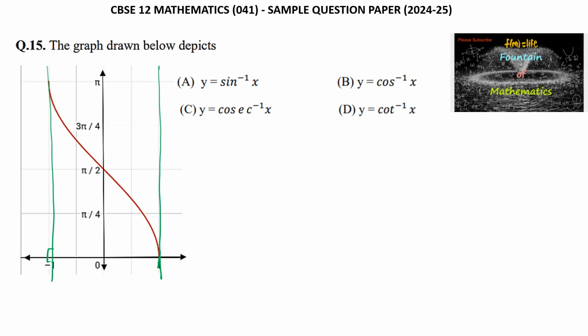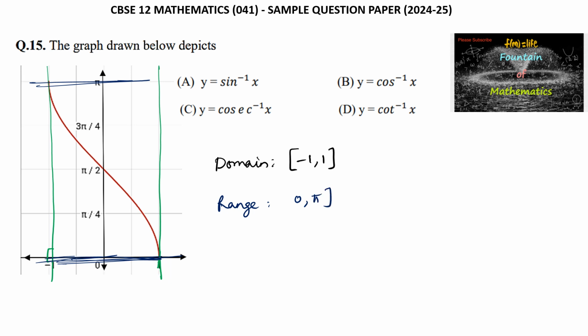So we can write domain of this function graph is -1 to +1, and the range of this function we can see that the graph is existing from 0 to pi. Clearly we can say that we have the domain of cos inverse x is -1 to 1 and range is 0 to pi. So we can conclude this is the cos inverse x graph. So option B is the answer.